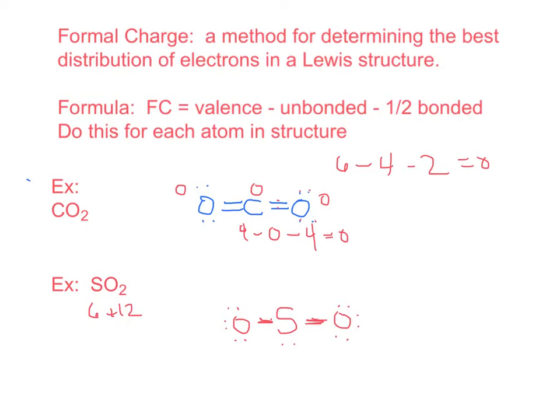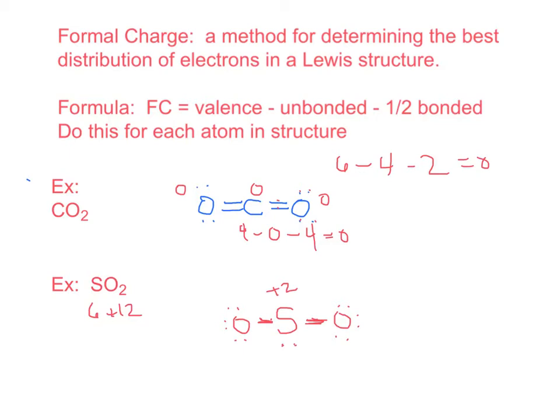Okay, sulfur, 6 minus 2 is 4, minus 2 more is 2. Sulfur has a plus 2 formal charge. 6 valence electrons minus the 2 unbonded electrons minus half of the electrons involved in the bond, which would be 2, so we still have a plus 2.